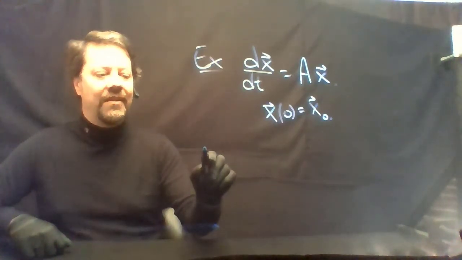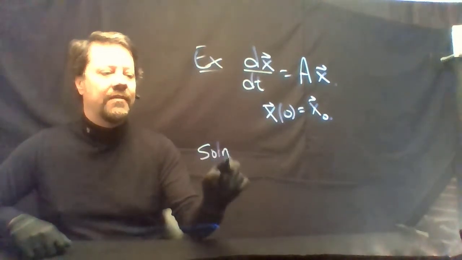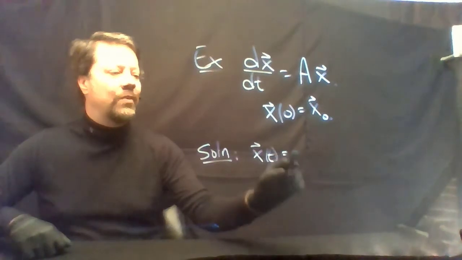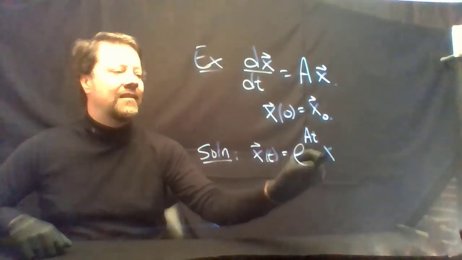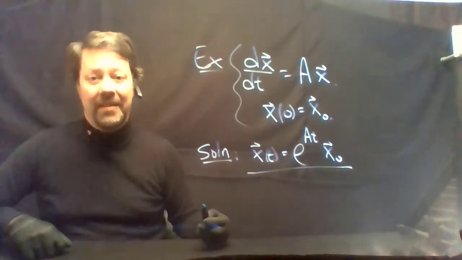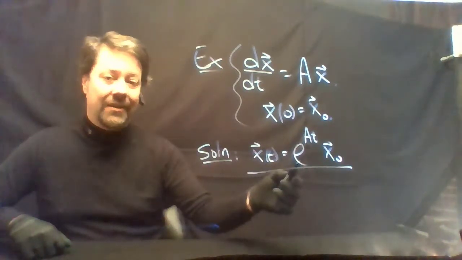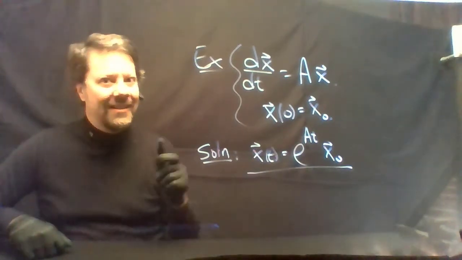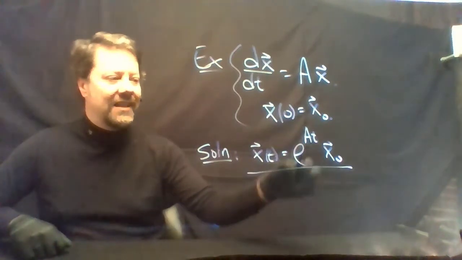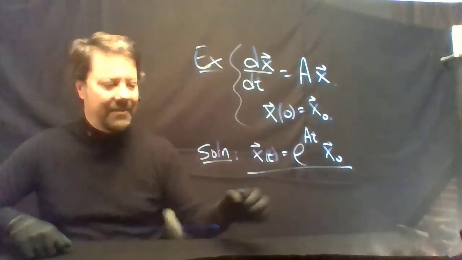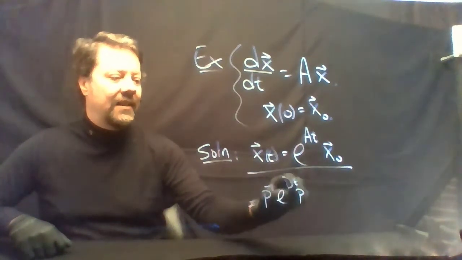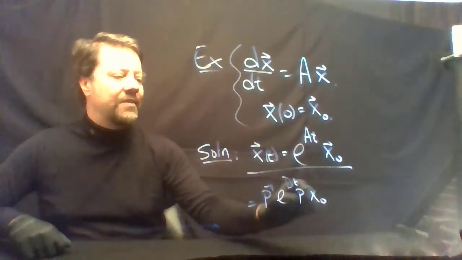Then it can be shown that the solution to this system is x of t equals e to the At times x naught. The problem is, how do you calculate e to the At? Now, if A is diagonalizable, e to the At isn't so hard to figure out. That's going to be P inverse e to the Dt times P times the vector x naught.